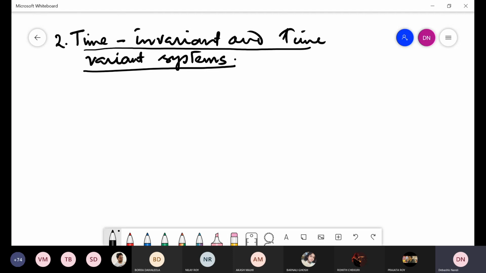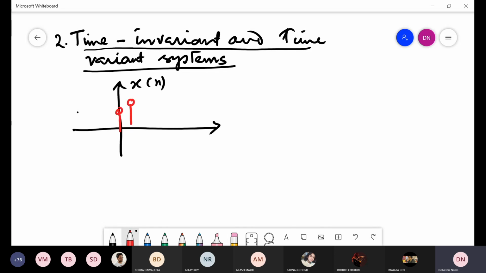Okay, suppose you have an input signal xn, and this input signal is like this. It has 3 sample values.